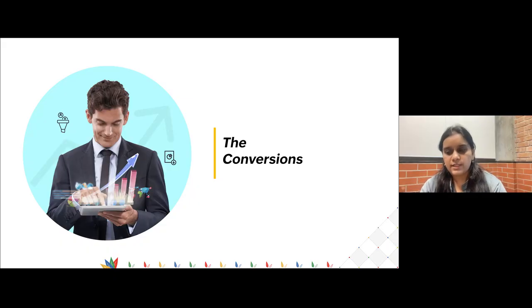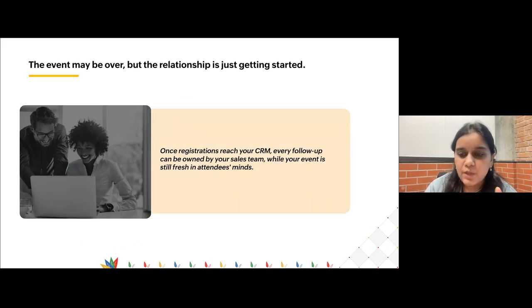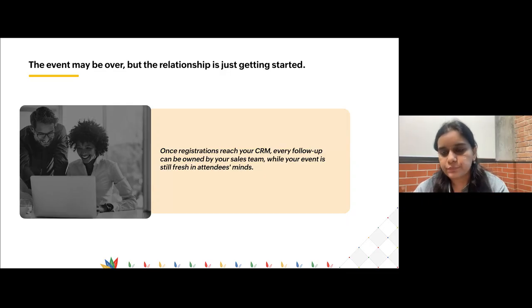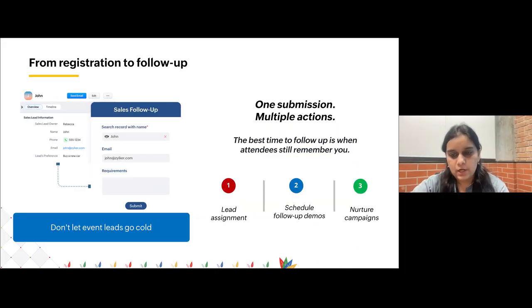Once the registrations are in your CRM, every follow-up can be owned by your sales team while the event is still fresh in attendees' minds. That's the window, right? So here's what the pipeline looks like in practice. The moment Richard submits his registration, three things are already set in motion.